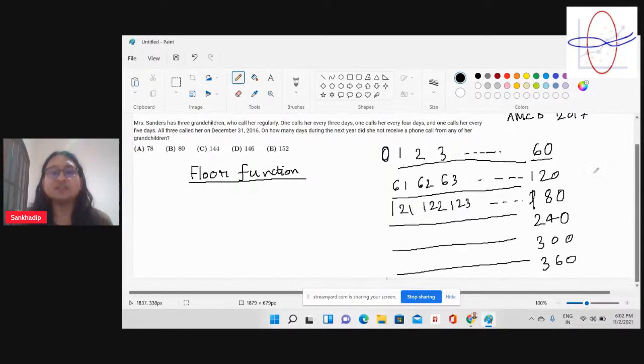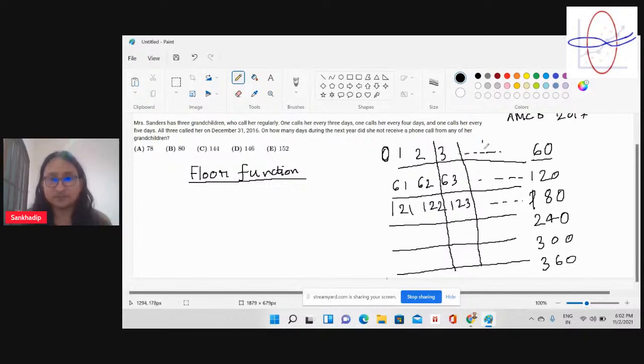Why? Because the first child calls on 3, 63, 123, and so on. So for all days in the third column, the first child calls. So it's column wise, columns are reproduced.